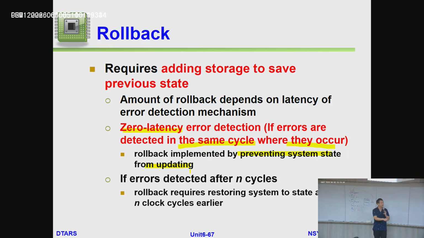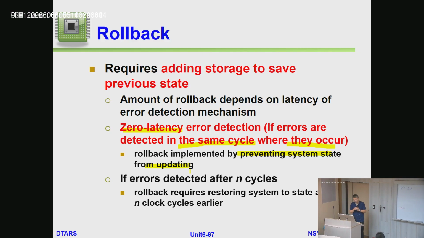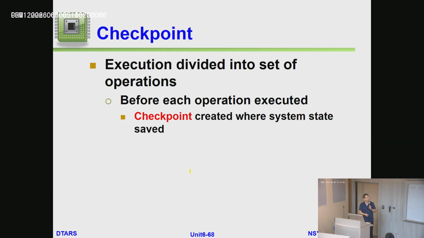So these n cycles are wasted because you know about the errors very late. If you want to make sure the system is still good, then you need to roll back so many clock cycles, so your system performance will be very seriously degraded. So this again shows you zero latency error detection is a very good advantage that we can try to achieve. So this is about rollback.